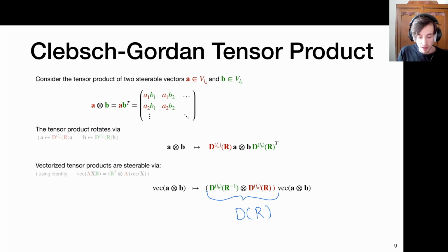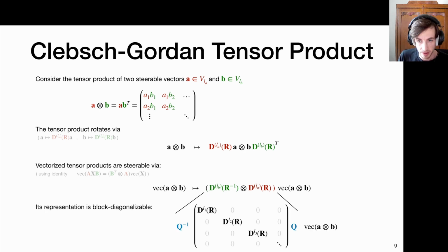And we know from this equivalence of representations that we can again block diagonalize this representation to a form which only includes irreducible representations. And that looks like this. So apparently this tensor product, I can flatten it and do a change of basis such that the elements in these vectors transform independently from one another.